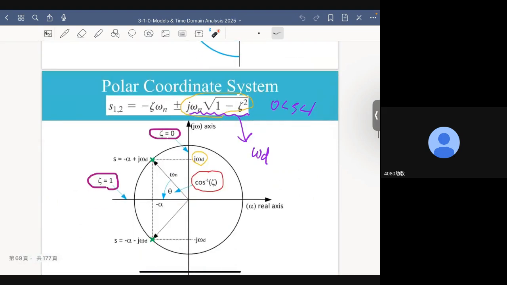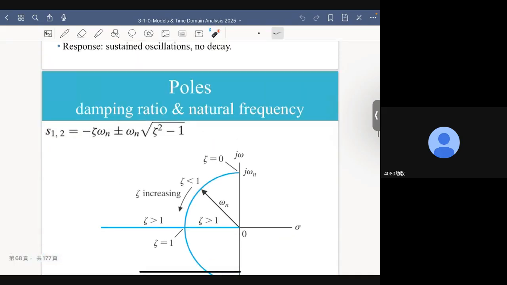Now, let's go one step further, okay? Now, when I represent our poles in this way, essentially, we are using a Cartesian coordinate system to represent the location of the poles, right? This is the real part, this is the imaginary part.